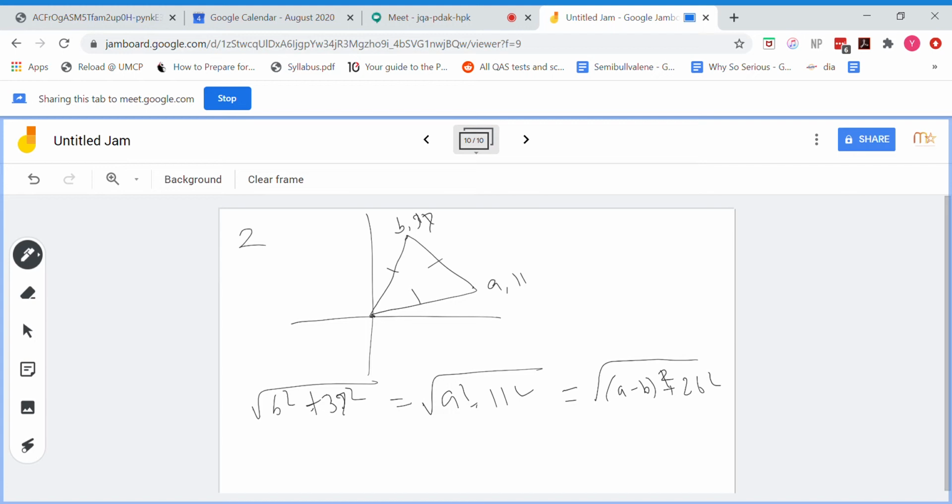Right? So this is a bunch of complicated equations. We could potentially solve these, but it seems like a lot of work, right?